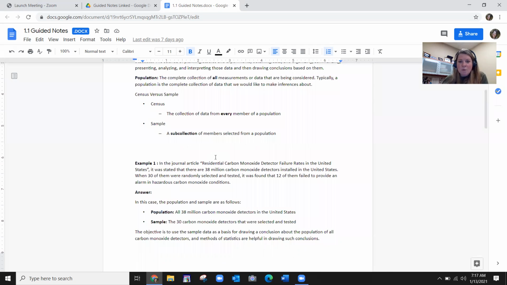When we go to collect our data, a population is everyone in your sample. If I'm doing a sample of all adults, it's every adult in the entire world, or you could say the adults in Sheridan. That's your population. Can I do a census very easily? A census is a collection of every person in your population.